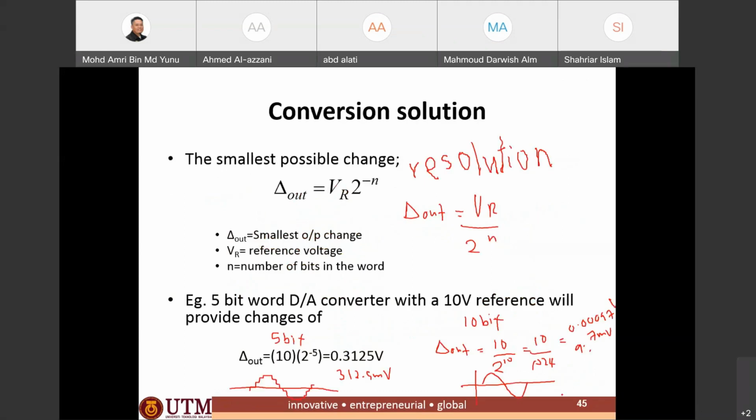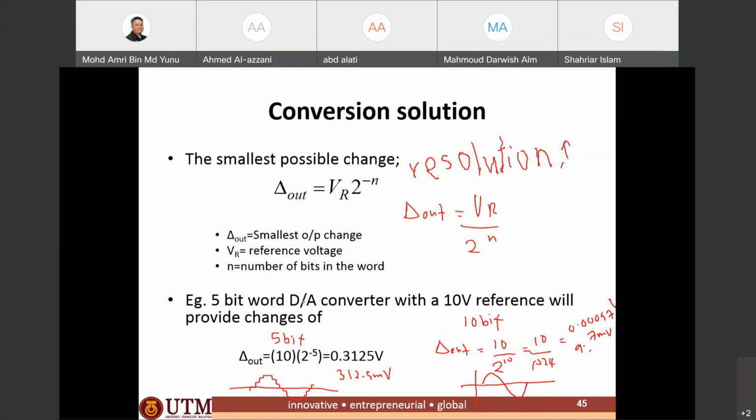And then resolution, basically the smallest possible change of the digital to analog converter. The smaller the resolution value, meaning the possible change in delta out is smaller, the higher the resolution, or the quality of the conversion will be much better.